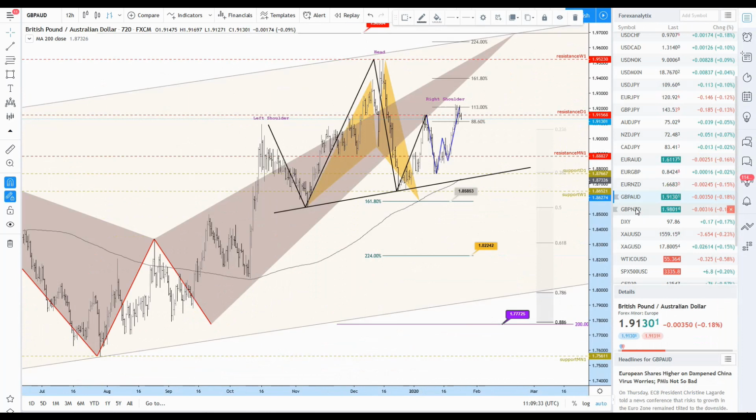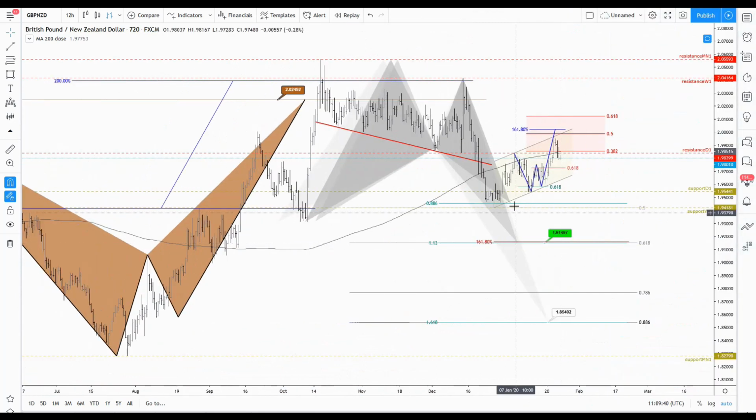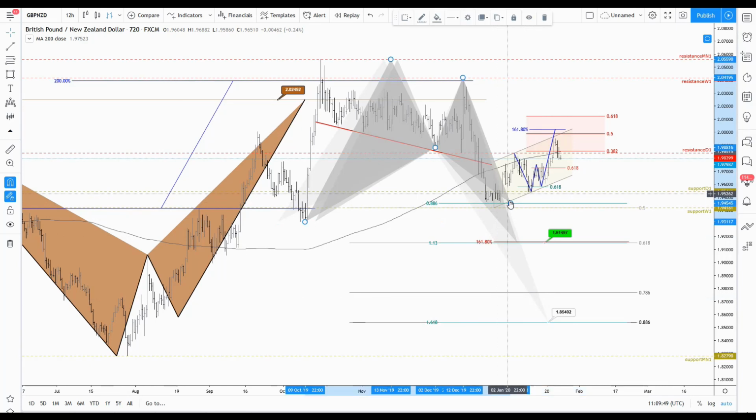The pound versus New Zealand, and before finishing with the Dixie, as I shared before, 88% Fibonacci retracement, bullish bat pattern completion point, this gray bat pattern there.